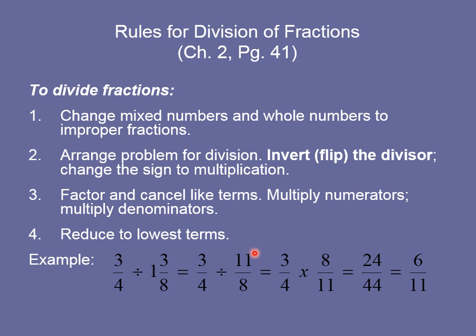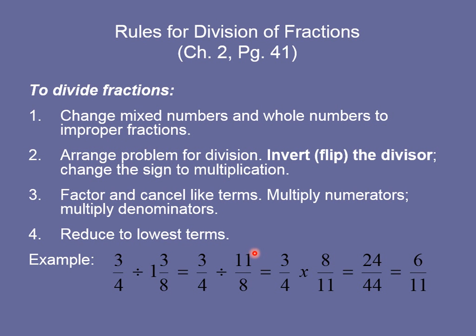And once you are done with multiplication, whatever you get, you always go to the reduced term, right? Sometimes the answer is given as a reduced term, so you always have to go to the reduced term, meaning the lowest term. So here it is 24 over 44.